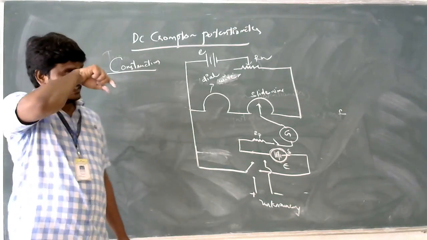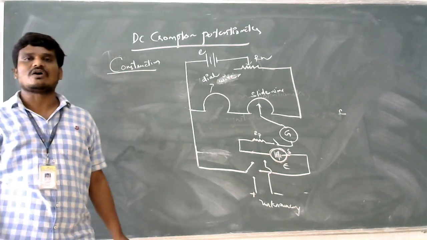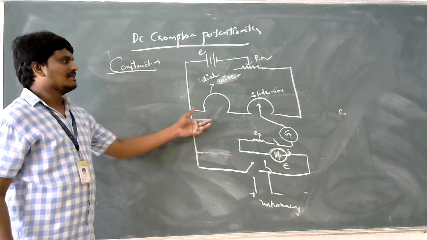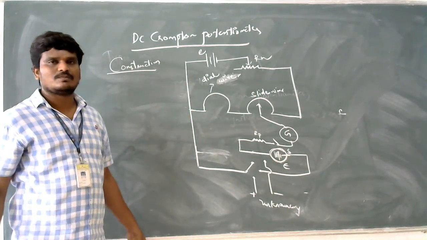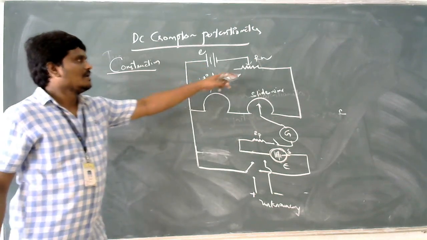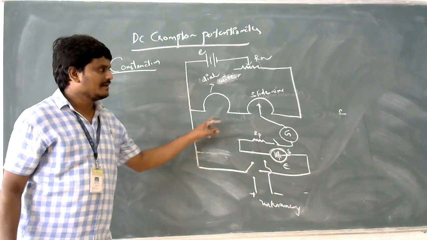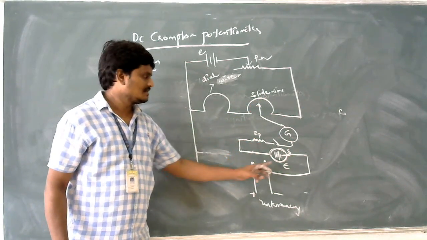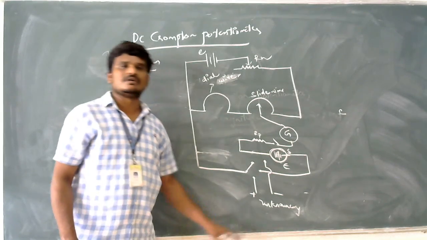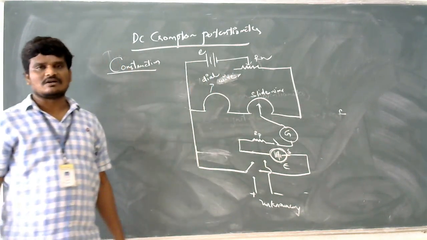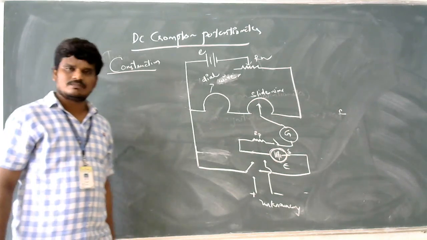This is the general construction of a DC CROMPTON potentiometer. The basic parts of a DC CROMPTON potentiometer are the EMF E which is to be measured, rheostat, dial wire, slide wire, galvanometer, protective resistance, standard cell, and unknown EMF, where the EMF is to be measured by using this DC CROMPTON potentiometer.